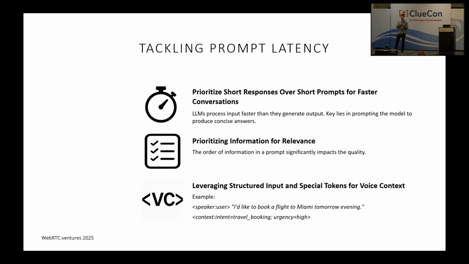You can do that in advance, for example using regex, and structure it in a way that, like in this example, you add those brackets about who is the speaker. You can add information about, for example, the urgency, stuff like that.